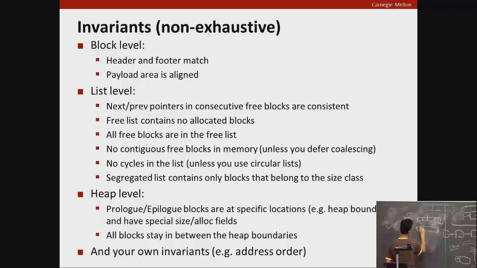If this is bucket 0 and this is bucket 1, you can ensure that if your bucket 0 includes all sizes, say between 0 to 50 bytes, for example, you could use the heap checker to figure out whether all the memory regions in this particular bucket lie within this range. Similarly, you could have checks for multiple buckets that you maintain. So that can be one of the things that you can add.